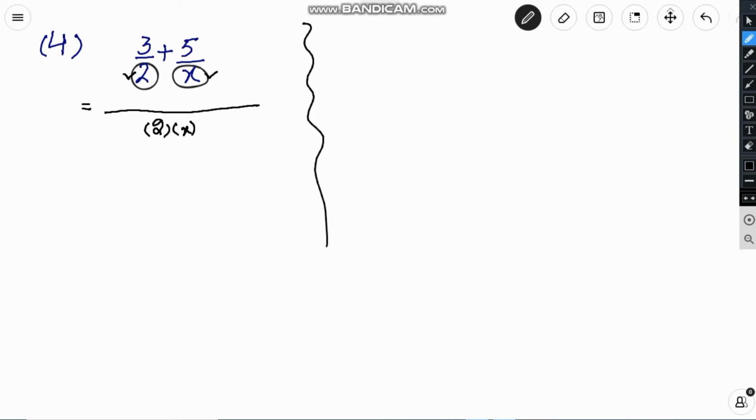Now take your first fraction, that is 3 by 2, and multiply it with 2x. The 2 is cancelled. So what remains here? 3 multiplies by x gives you 3x. Just write 3x here, put the plus sign, take the second fraction, that is 5 by x, and again multiply it with 2x.